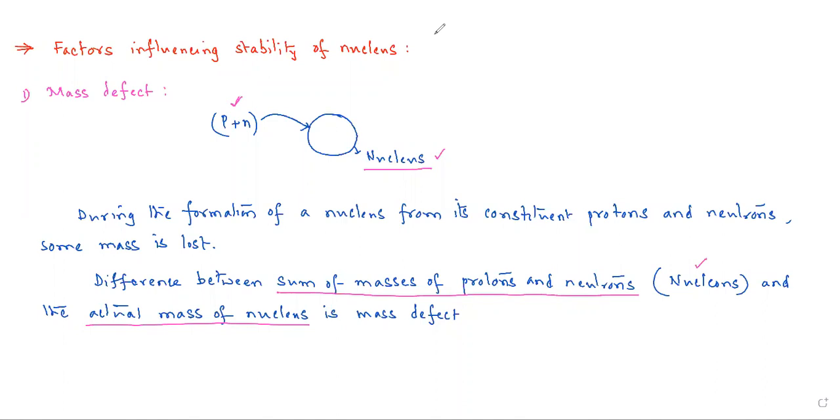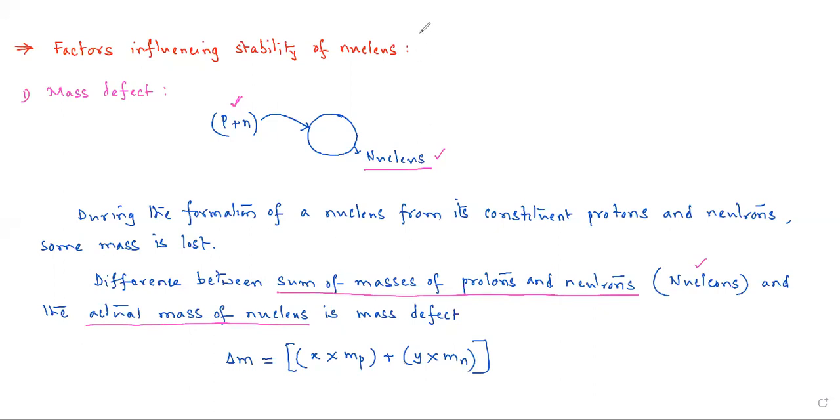Now, that can be given as delta M. It is nothing but X into Mp, where X is the number of protons, plus Y into Mn, where Y is the number of neutrons.